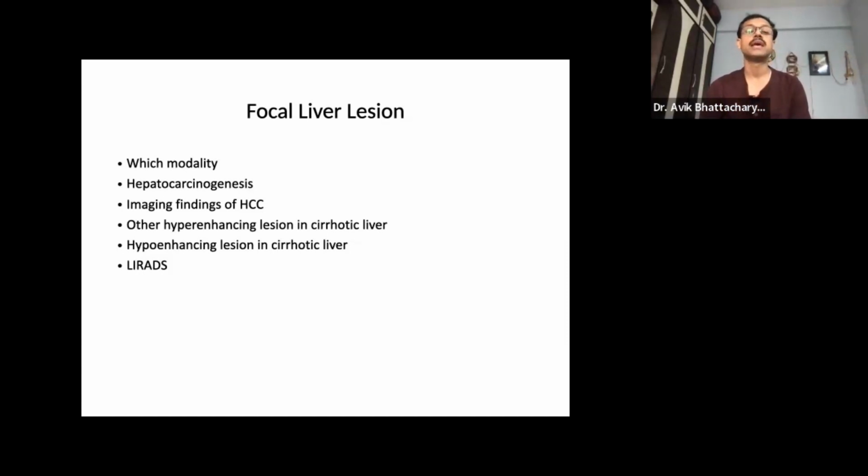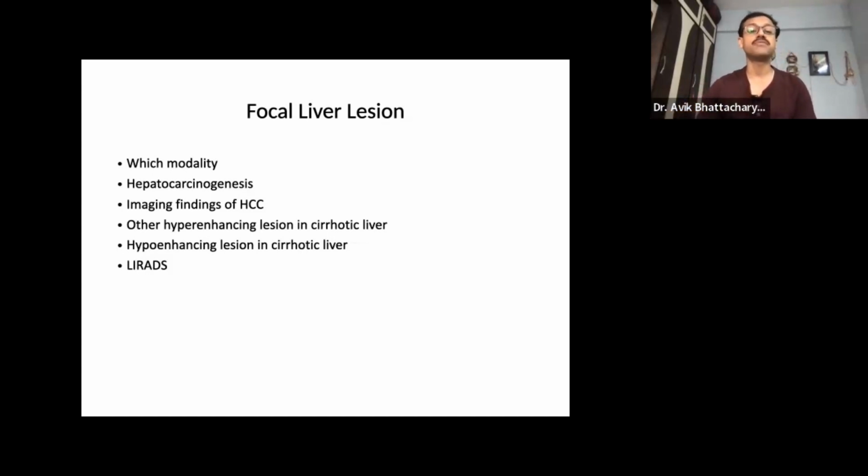Then we will touch briefly on hepatocarcinogenesis. Hepatocarcinogenesis means the journey of a nodule in a cirrhotic liver or in chronic hepatitis B infection, from a regenerative nodule to a dysplastic nodule to early HCC or progressed HCC.